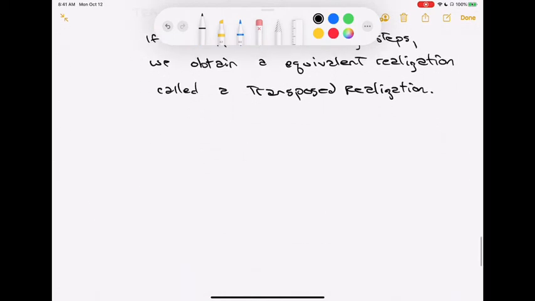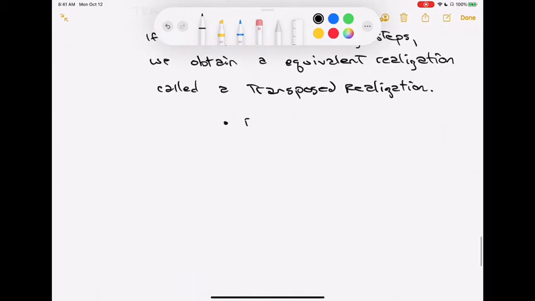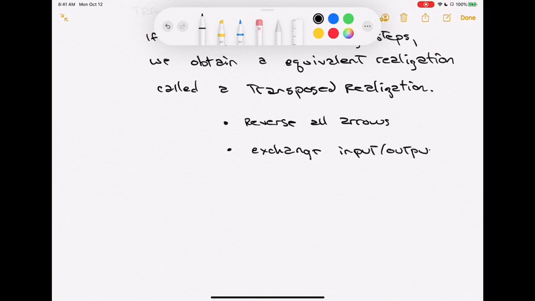The steps here are pretty easy. There's three basic steps. The first thing we're going to do is reverse all arrows. The second thing is we're going to exchange, or just change places of, both the input and the output. And then the third thing is a compound one.